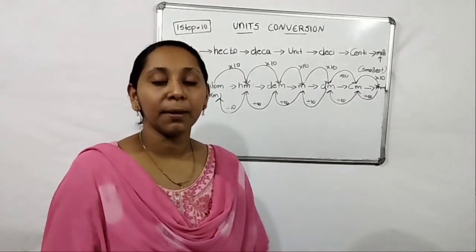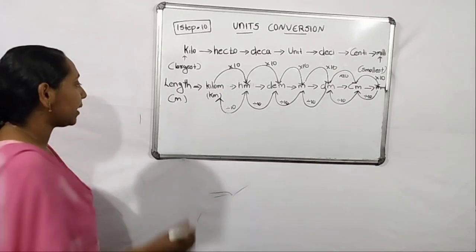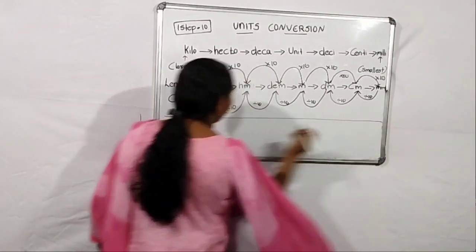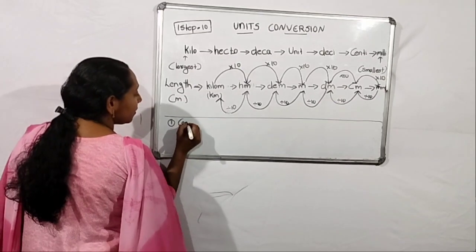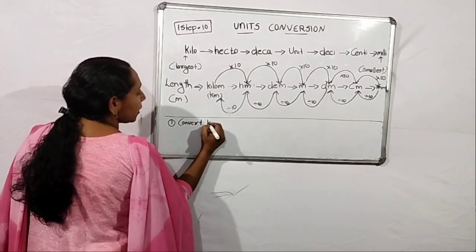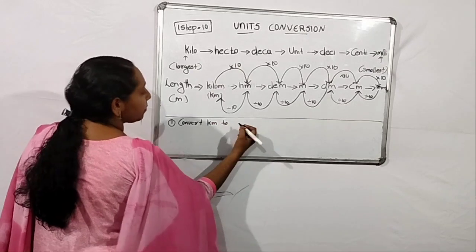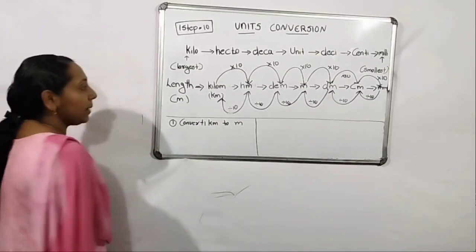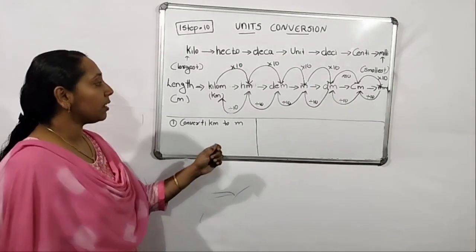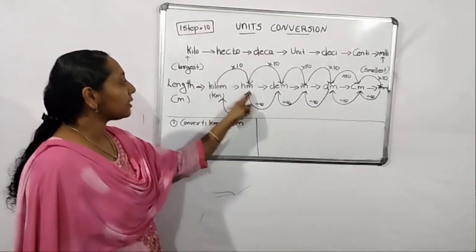We should consider some examples, then you can understand it better. My first example: convert 1 kilometer to meter. First you should listen here. Kilometer, next one is hectometer.